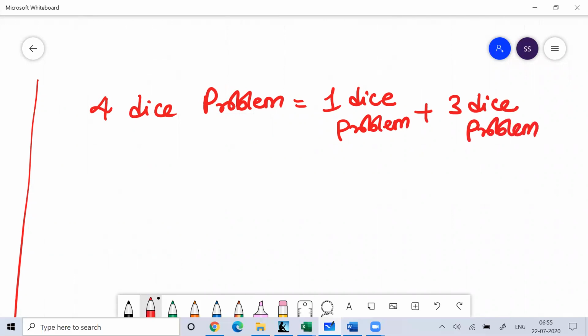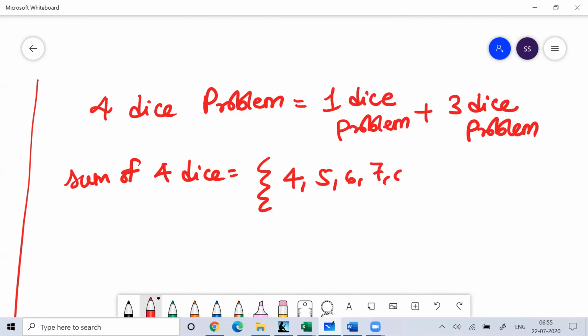Manually I can determine that part also, but I need to sit and work on it. The minimum sum on four dice would be 4, 5, 6, 7, 8, 9, and so on, from 4 to 24. The sum on four dice will be from 4 to 24.